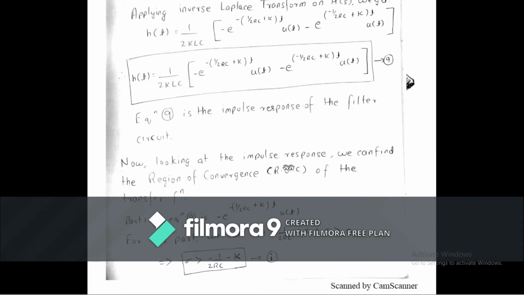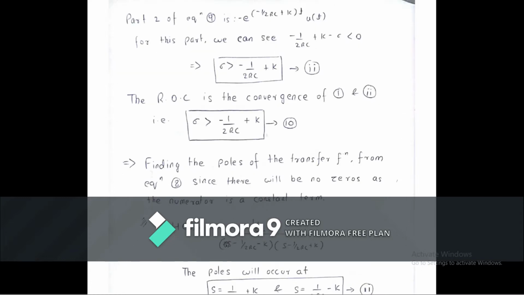Now looking at the impulse response, we can find the region of convergence for our transfer function. In part 1 of the equation, which is this part, we can see that 1 by 2RC plus k plus sigma should be greater than 0. So one of the possible regions of convergence will be sigma greater than minus 1 by 2RC minus k.